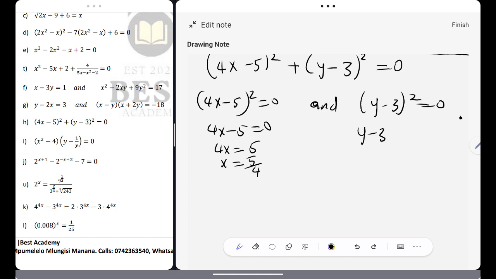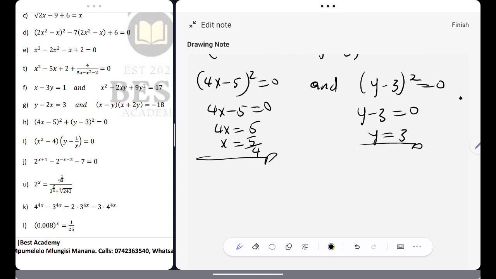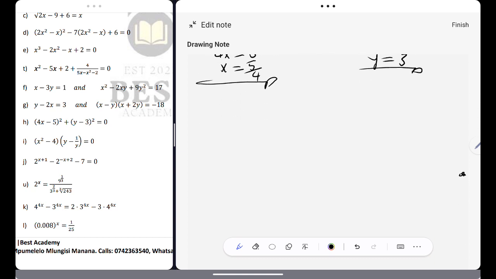I'll have y minus 3 is equal to 0. Then y is equal to 3. This is what you're supposed to do. In this case, you're supposed to solve for both x and y.